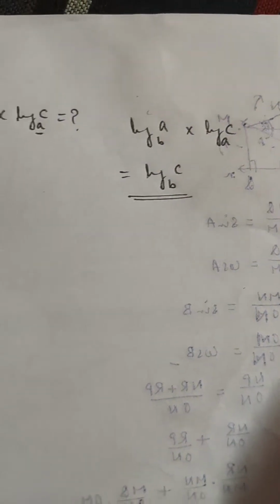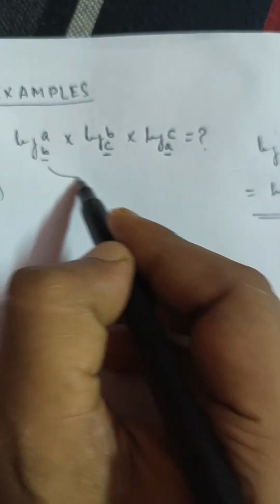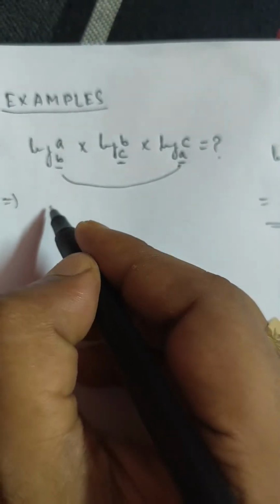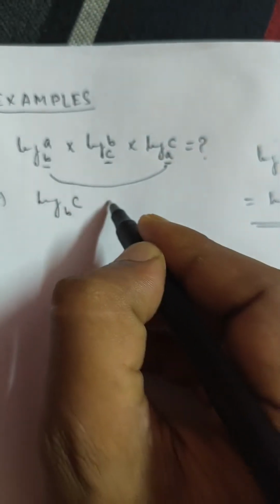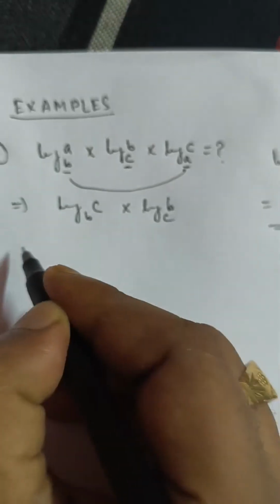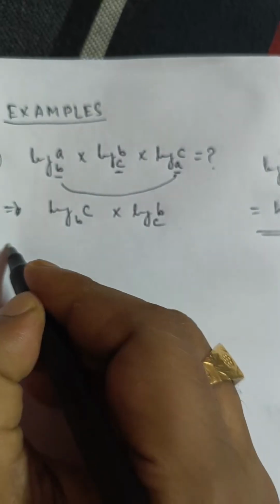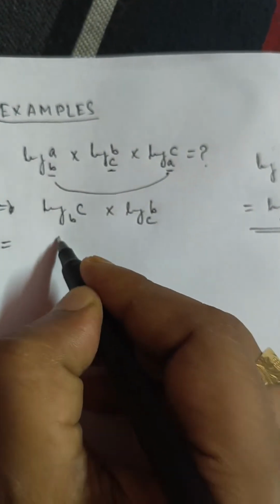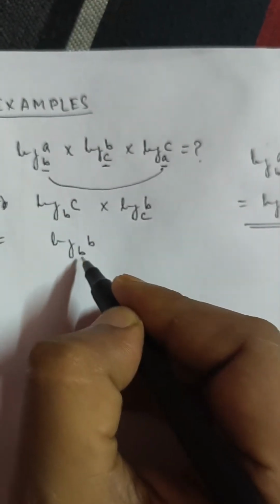This is another property. So if we take the help of this, we can write down log of b base c multiply log of c base b, which is equal to log of b base b.